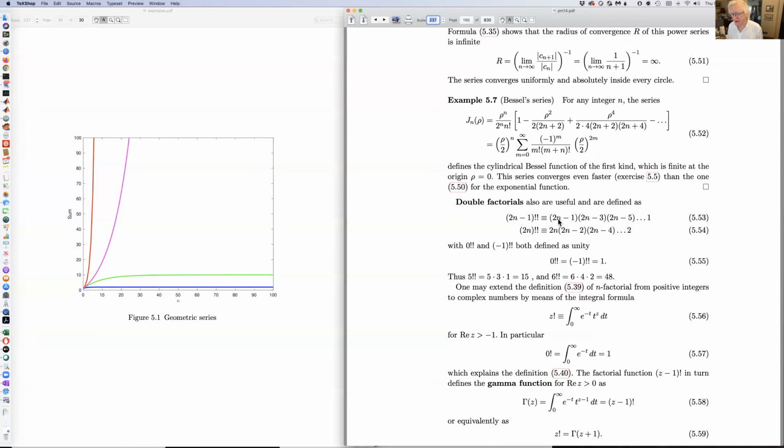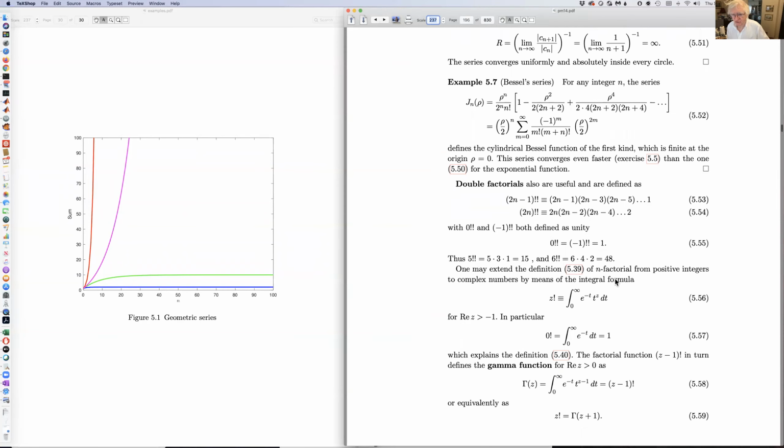For an odd positive integer, the double factorial is 2n minus 1, 2n minus 3, 2n minus 5, down to 1. If it's an even integer, the double factorial is 2n, 2n minus 2, 2n minus 4, down to 2. And 0 double factorial and minus 1 double factorial have to be defined as unity.